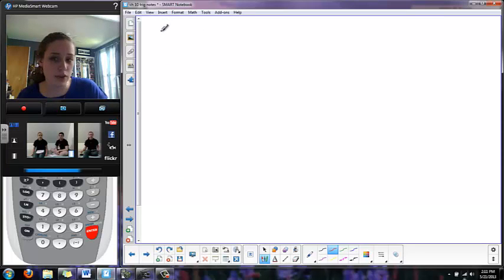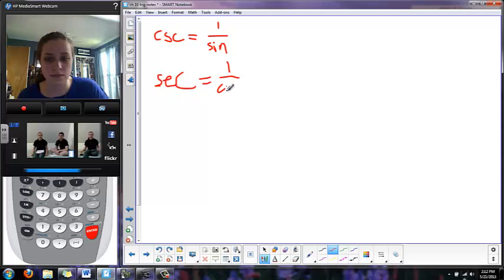We know that cosecant is 1 over sine. Secant is 1 over cosine. Cotangent is 1 over tangent, which we really won't use all that much.